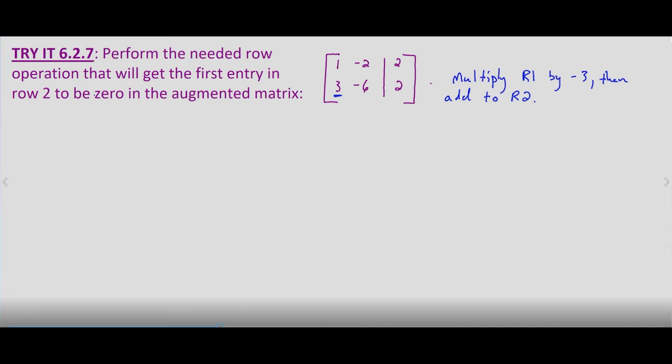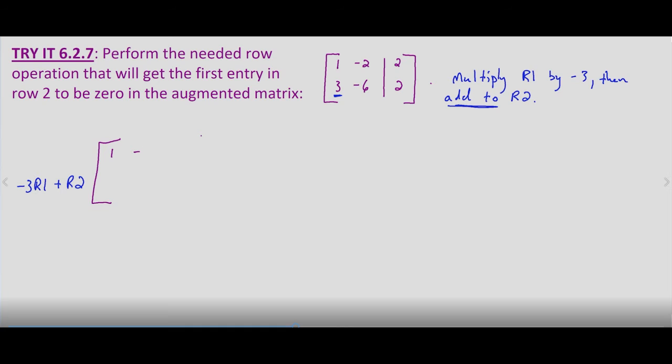That means we replace the row that we're adding to. So multiply row 1 by negative 3, so negative 3 times row 1 plus row 2. That means we're going to replace row 2. So we have 1, negative 2, 2.